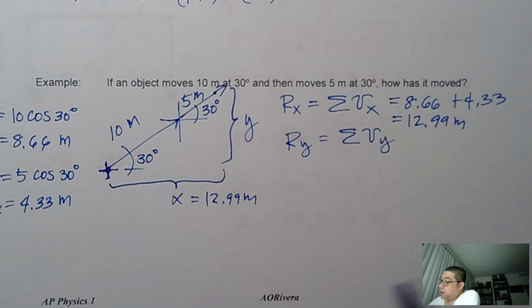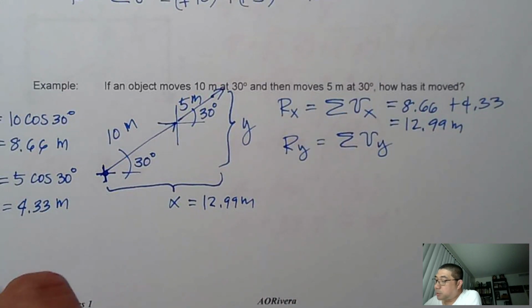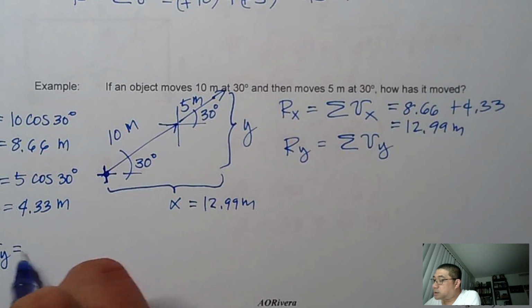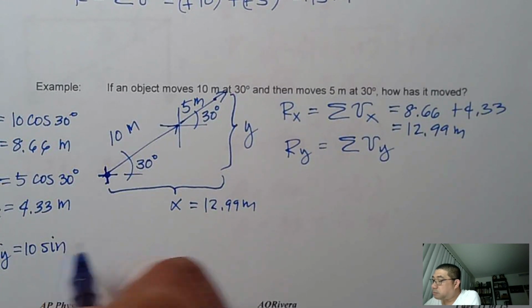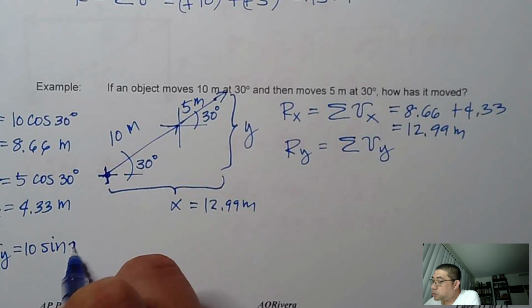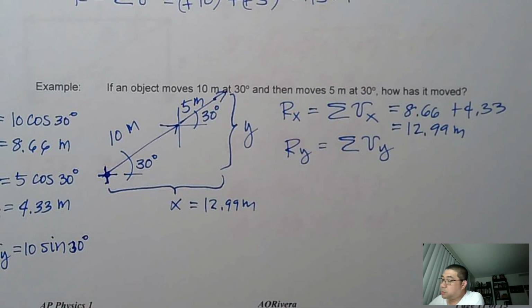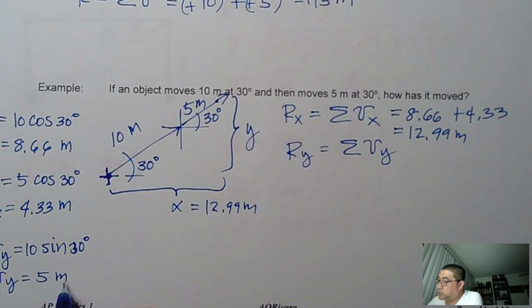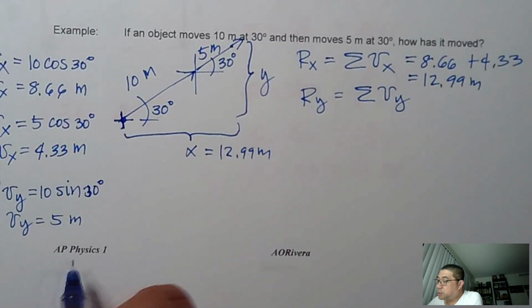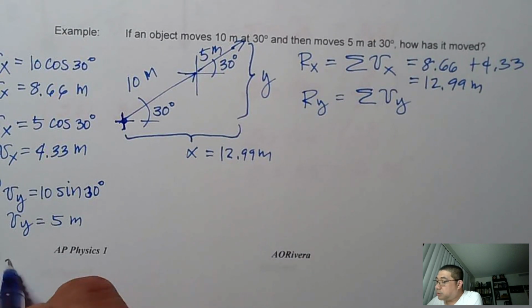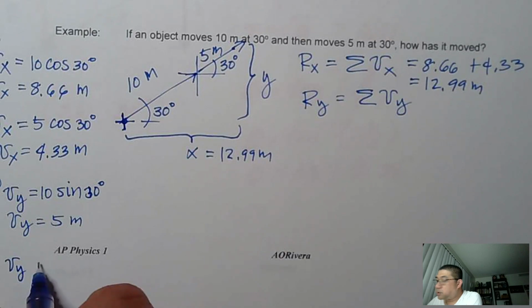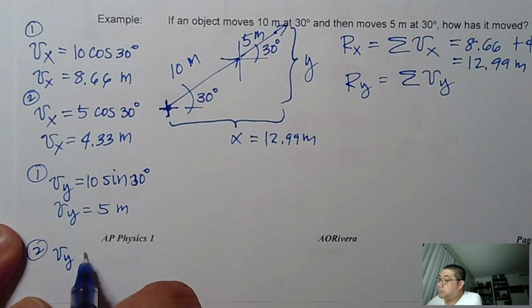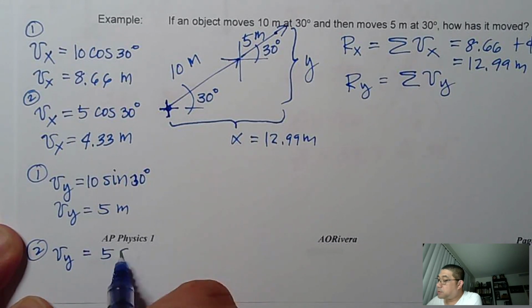Now in terms of Ry, for number 1, so v of y, that is 10 sine theta, which is 30 degrees. So this will give you v of y, that is equivalent to 5 meters. And then v of y for the second number is equivalent to 5 sine of 30 degrees.